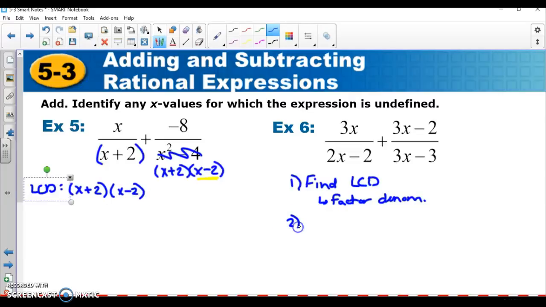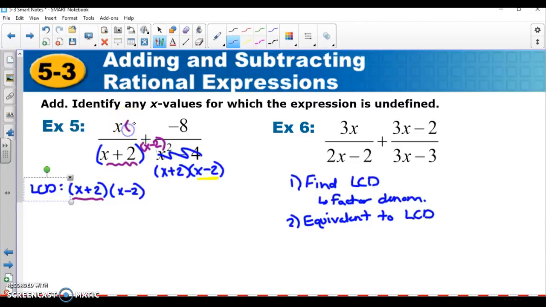Our second step is we're going to look to make each of our fractions equivalent to the LCD. So this is where we might have to do a little bit of multiplication. If we look at our first fraction again, it only has the x plus 2 from the LCD. So we're going to multiply it by x minus 2 as well.